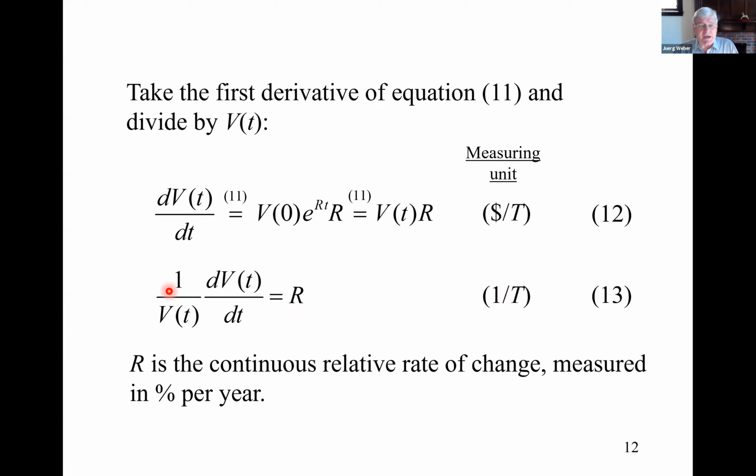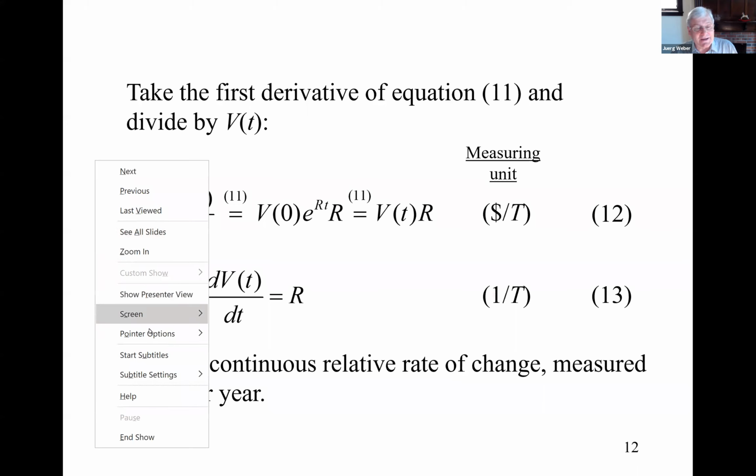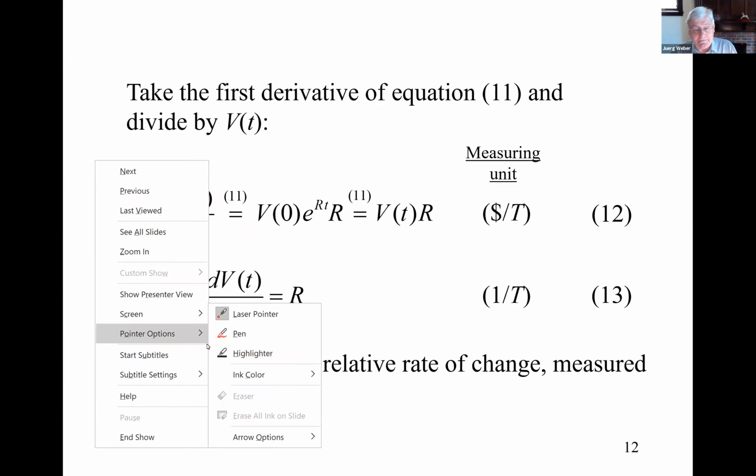Now that's a notation that we will use quite often for relative growth rates. But it's also used in other contexts, for example, for the inflation rate. Let's now try whether I really can write here. Let's take the pen.